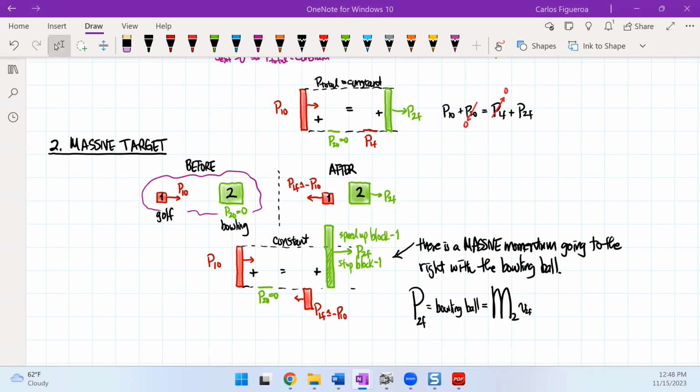Okay. So what we want to pay attention to here is that we want to be able to suspect that the bowling ball is going to be moving very slowly off to the right here.